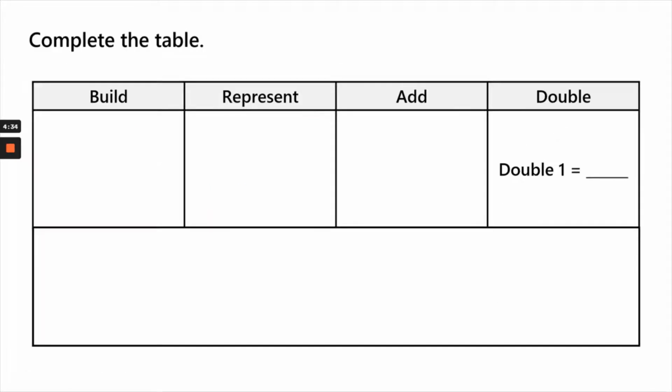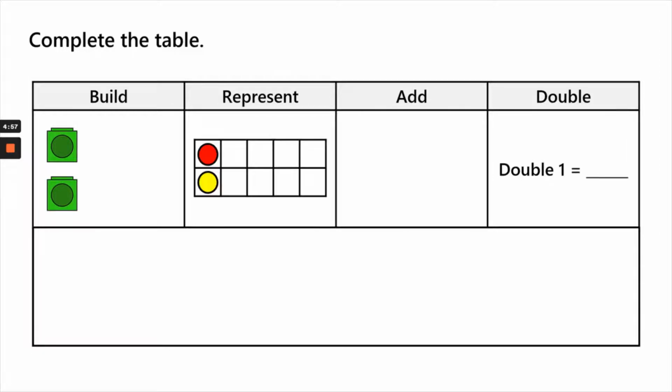Now we're going to look at this table to represent our double in different ways. So in our double column, it says double 1. So we're going to look at the different ways we can represent this. So double 1 is an easy question. We start with 1, we add another 1, just like our strawberries, and if we represented it with a 10 frame, it will look like this.